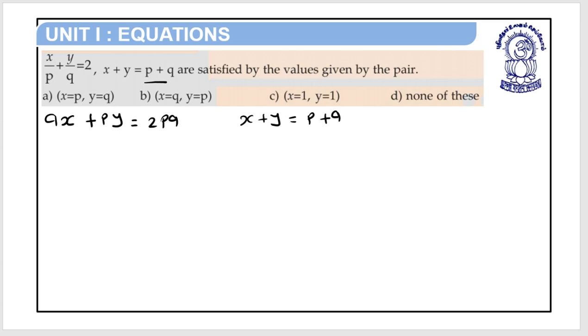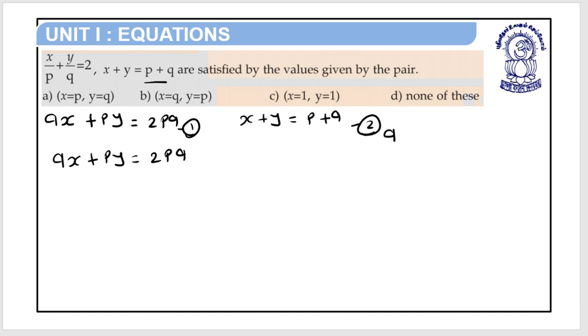So multiplying the second equation with q, equation number 1 and equation number 2. 2 multiplied with q, so qx plus py is equal to 2pq.